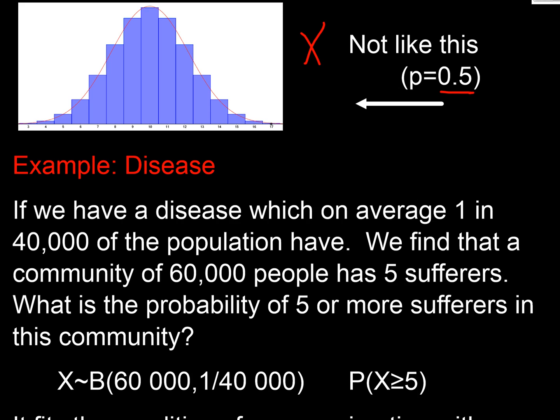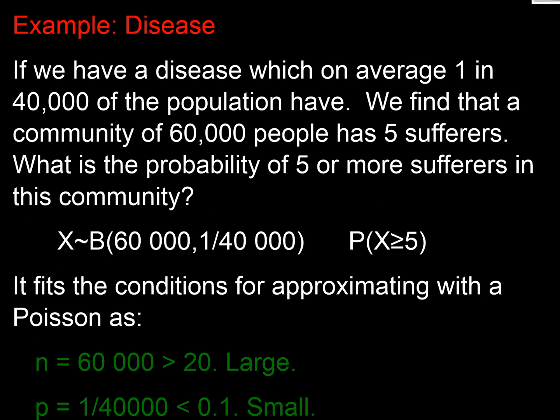Okay, let's do an example. Let's have a look at a disease. So let's say that in our society there's a disease which affects 1 in 40,000 of the population. And in a small community of 60,000 people, we find that there are 5 sufferers. The question is, how unusual is that?